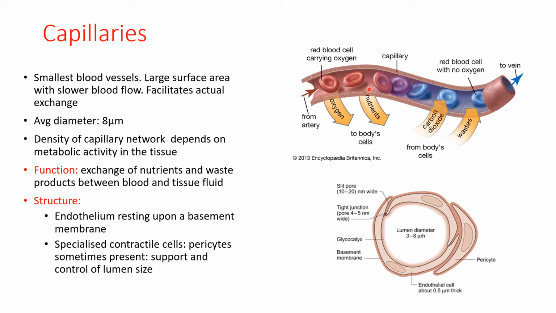Both these two factors, the large surface area and the slower blood flow, facilitate actual exchange of various substances across the capillary wall into the tissue fluid. The average diameter of the capillaries is 8 micrometers and it is just sufficient to allow the passage of RBCs one at a time.